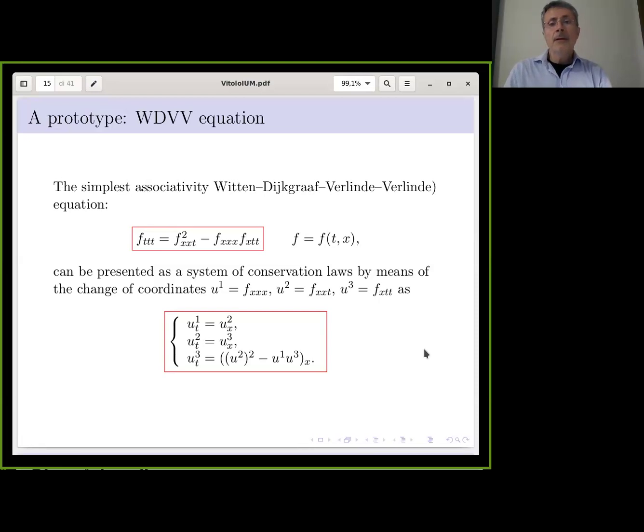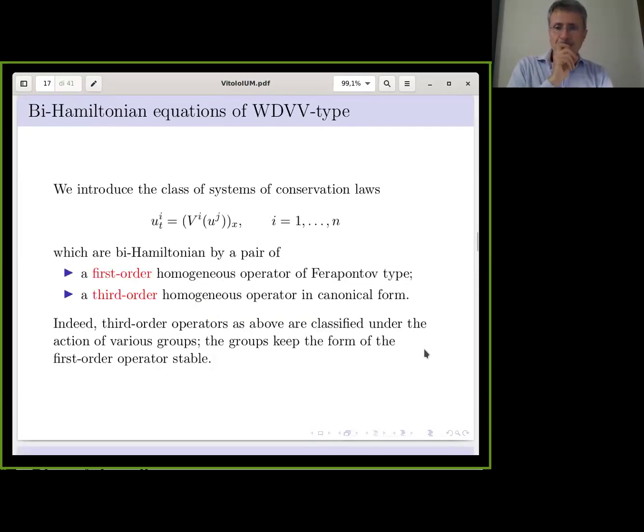We consider bi-Hamiltonian pairs made by a first-order homogeneous operator of Ferapontov type. This is important because a local operator would not suffice, would not be enough, because in concrete examples, in WDVV equations, you happen to find non-local operators.